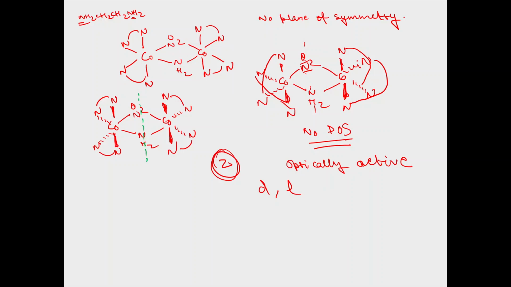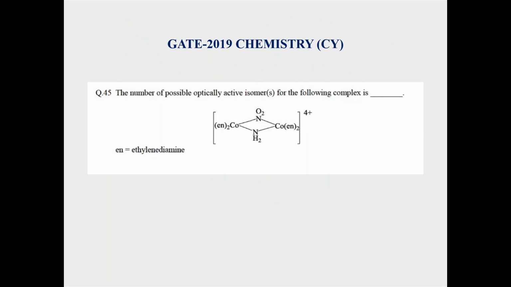If oxygen is coordinating, that case will also be optically active and plus and minus will come for that also. So if we consider that, we can say 4. So 2 and 4 both were the correct options for this question, that is, the number of possible optically active isomers for the complex is 2 or 4. Is it clear?